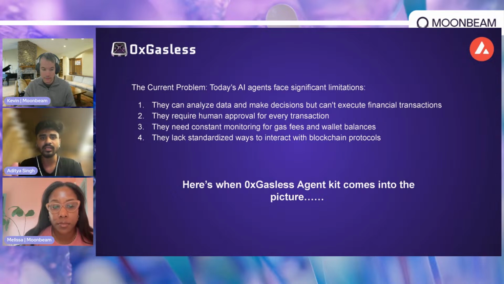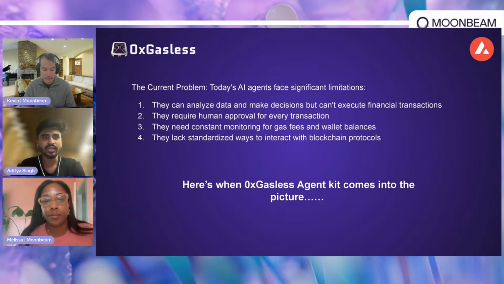In 0xGasless, what we have done is wrapped our account abstraction infra in the AgentKit itself. So here the question arises about the constant monitoring of gas fees and wallet balances. Here it ends. When an AI agent lacks gas fees, the gas fees are already paid by the paymaster.